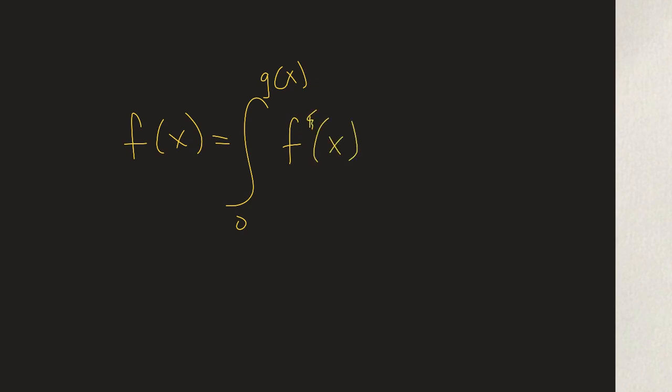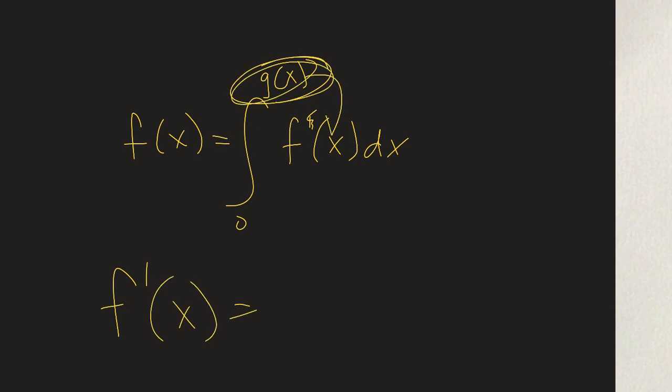Okay, so the fundamental theorem said, if we have a function defined from 0 to another variable, then the derivative is found by plopping this one into there.